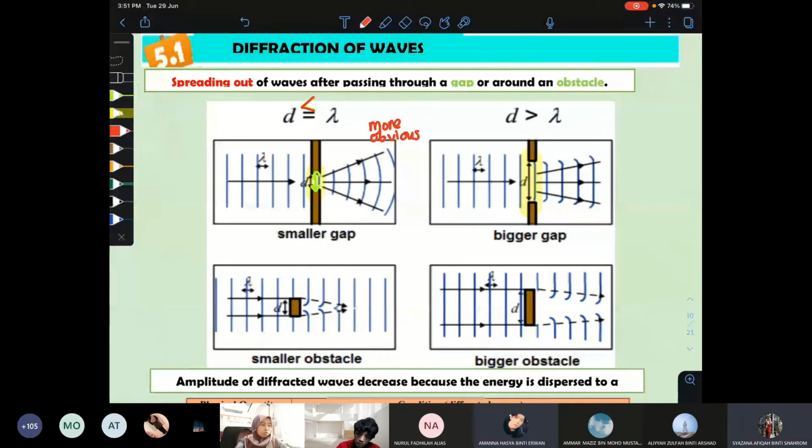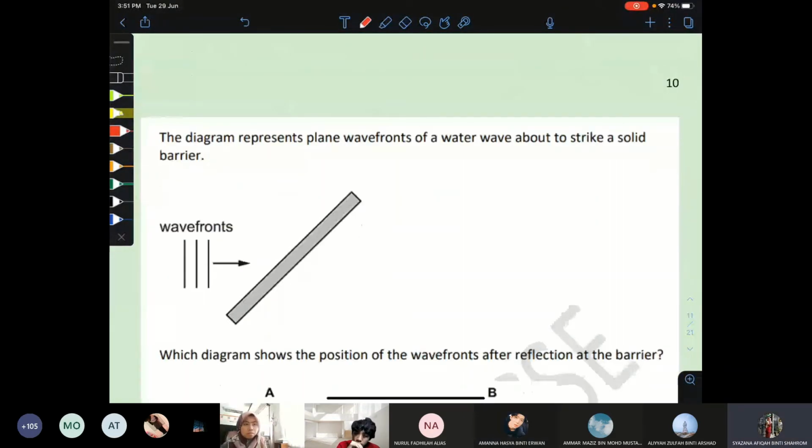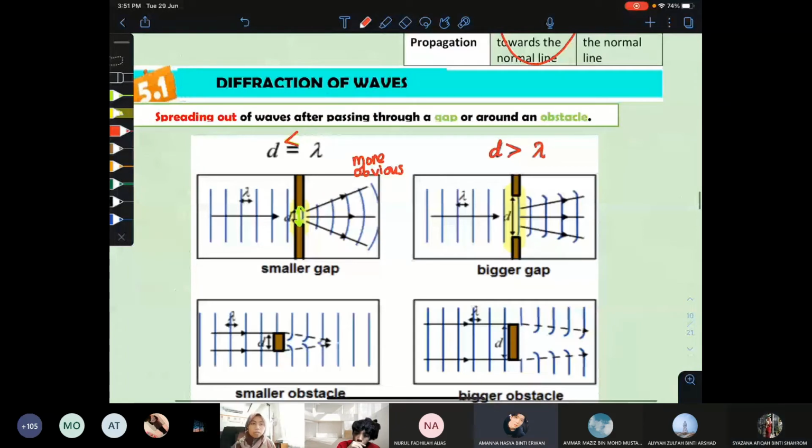If the gap is bigger than the wavelength, the diffraction is less obvious. So this is less obvious. How do you differentiate them in a drawing? If you look at this, you can see the drawings are different. If it is more obvious, it is more curved.